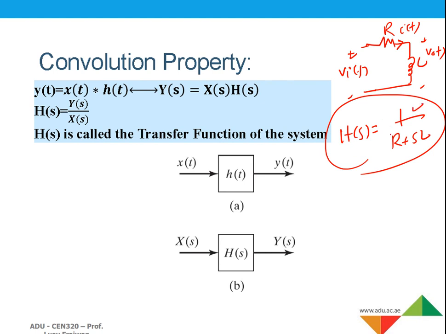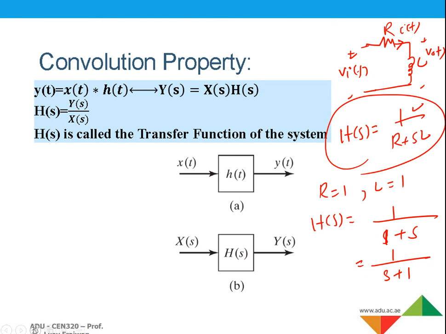Let's say the value of R is 1 and the value of L is 1. It means my transfer function will be 1 over 1 plus s, or I can write it as 1 over s plus 1. This is the denominator of the transfer function, and it is actually what gives the poles.